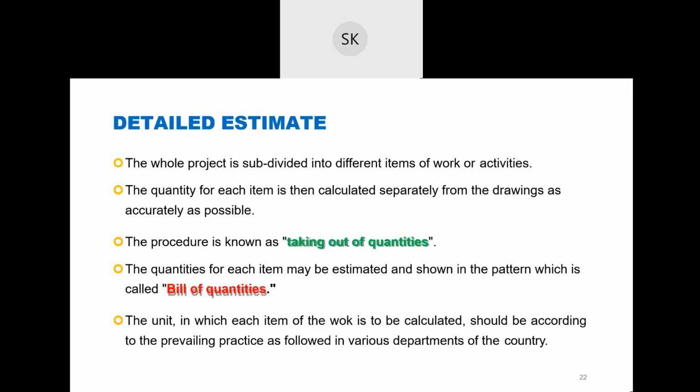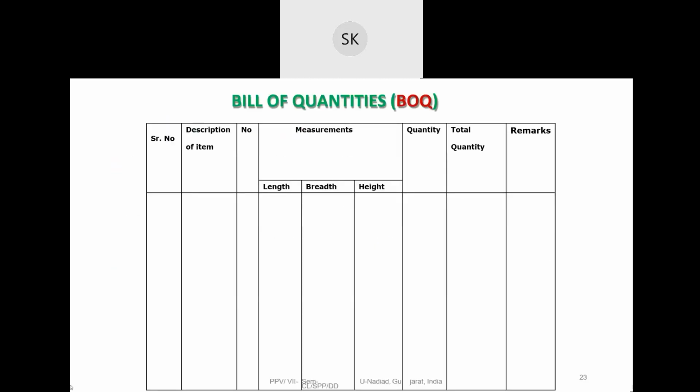This is your BOQ, where you mention the serial number and the item. Suppose earthwork, plastering, casting, concrete work. You can write numbers, if it is a number you can count. Suppose electrical, you have made the connection of a fan, so you can write electrical item work, and in that, how many fans. There won't be any length, breadth and height.